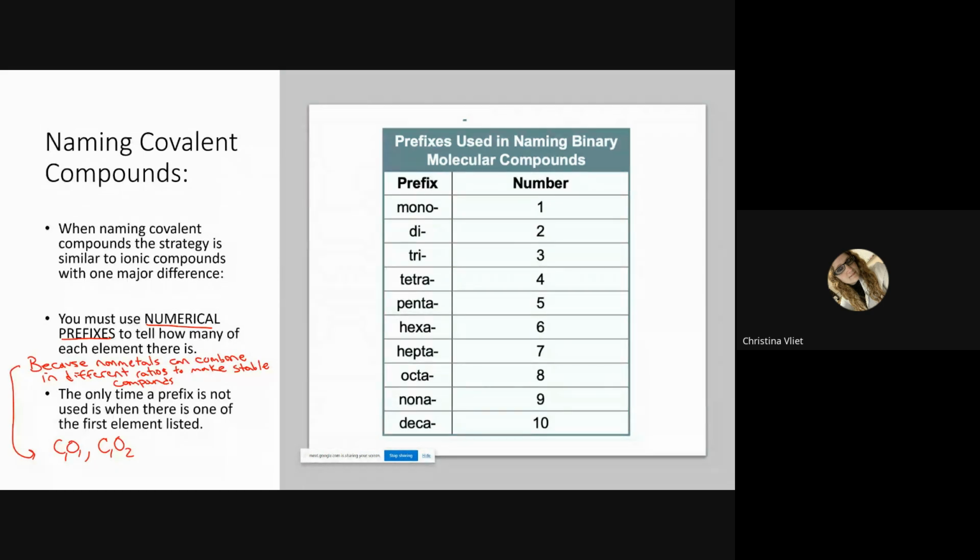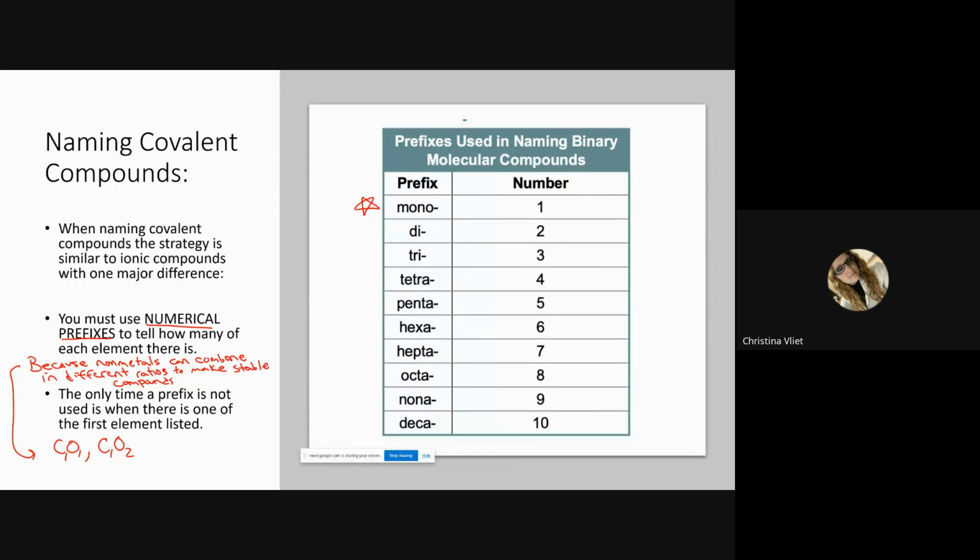Okay. So the semi-bad news here is that you do have to memorize the prefixes. A lot of them, though, you probably already know because they're the same as the geometric shapes from pentagon on. So if I've got one of an element in a covalent compound, we say mono. Now I'm going to put a star here, and I did advise you on Tuesday when I wrote that out in the assignment to make sure you only use mono for the second element.